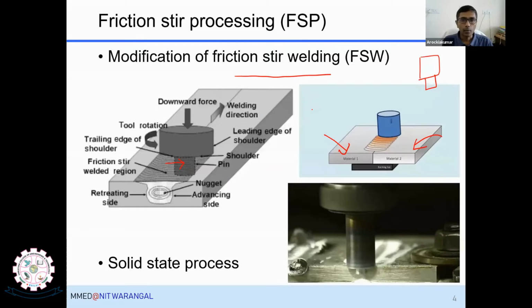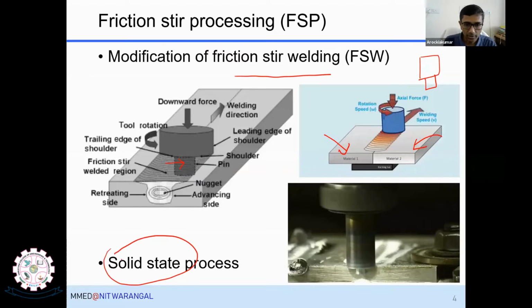So that is one kind of disadvantage. And mostly whenever you are processing very fine grained material through fusion welding, the kind of microstructure that develops may be a little bit coarser than what you are starting with. In that way, the material properties suffer, or you may get a poor property in the joint. Whereas whenever you process in solid state, there is a severe microstructure refinement.